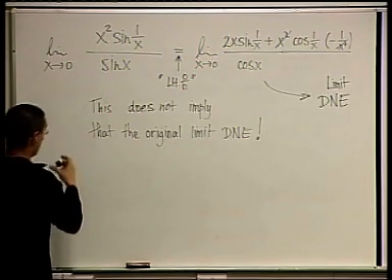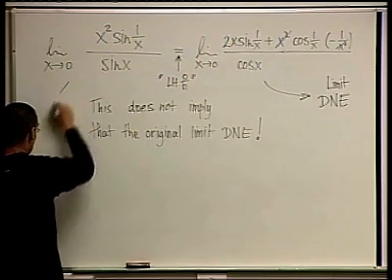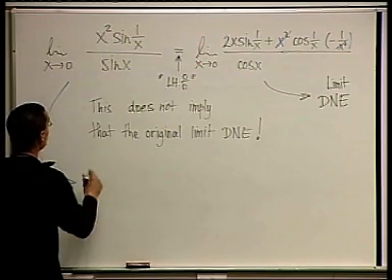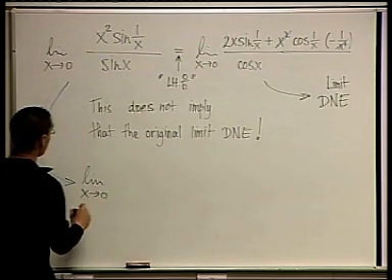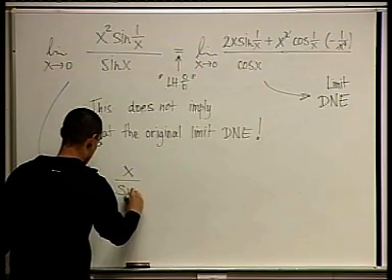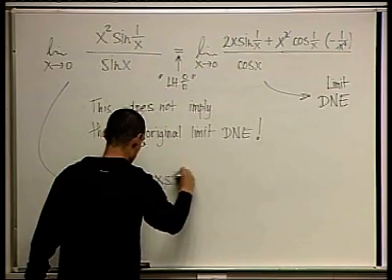Okay? So as a matter of fact, if we try to do this pre-L'Hopitalishly, right, so we'll rewrite this. Limit x goes to 0. Let's write it as x over sine of x times x sine of 1 over x.